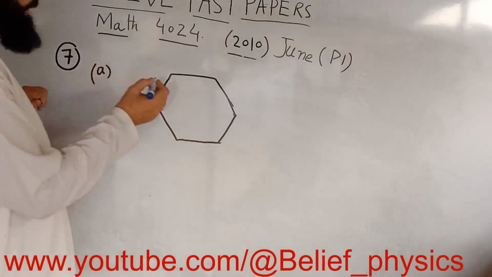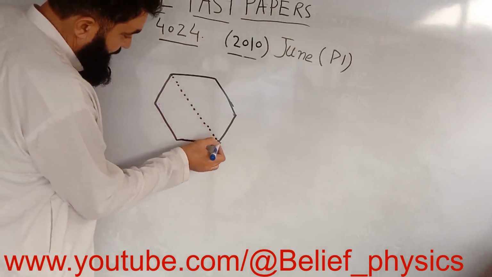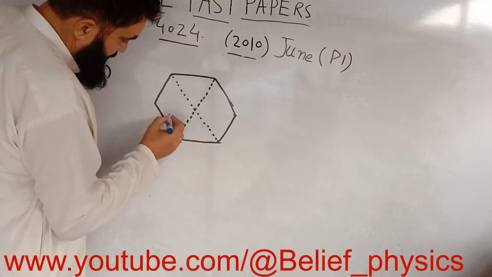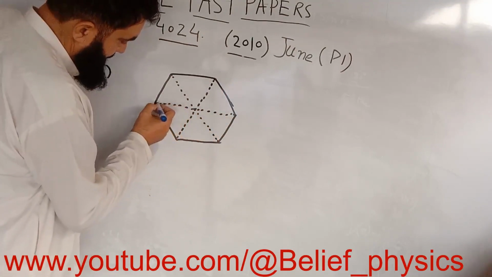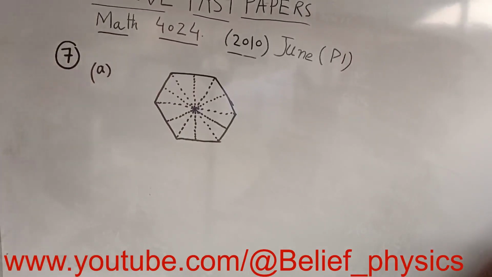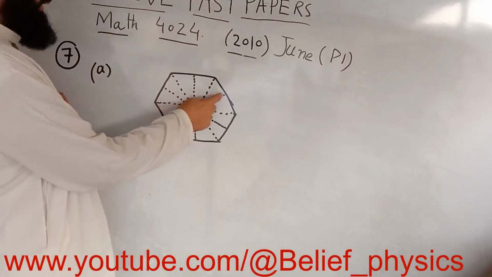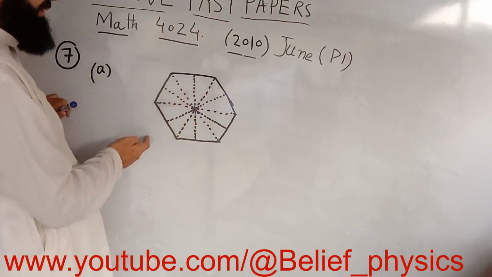I will join all the diagonals or opposite vertices. 1, 2, 3. We have to draw 6 lines of symmetry. So 3 lines will be these, which are made by joining the opposite vertices. The remaining ones are made by halving this side and the opposite side.